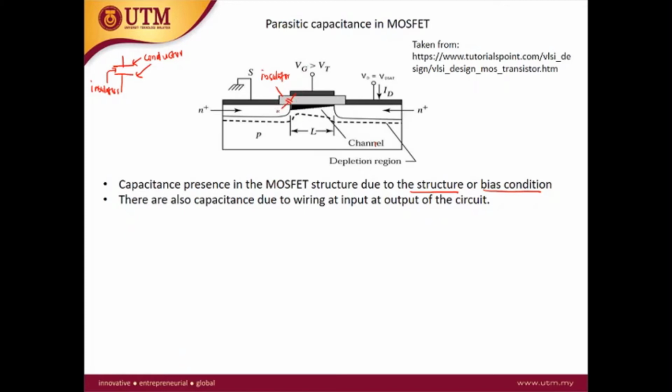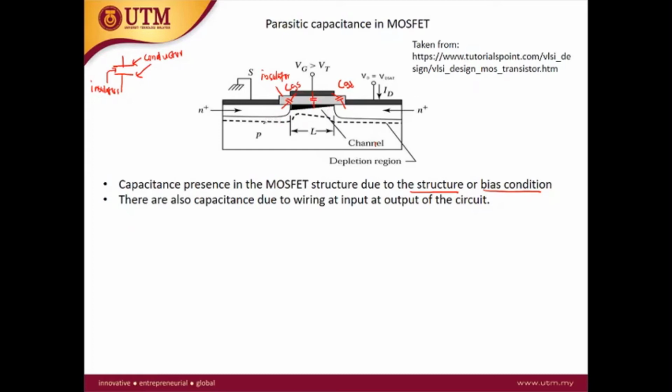Between the gate and drain, we also have a capacitor. So this is CGD and this is CGS. And then between the gate and the channel here, we also have a capacitor.